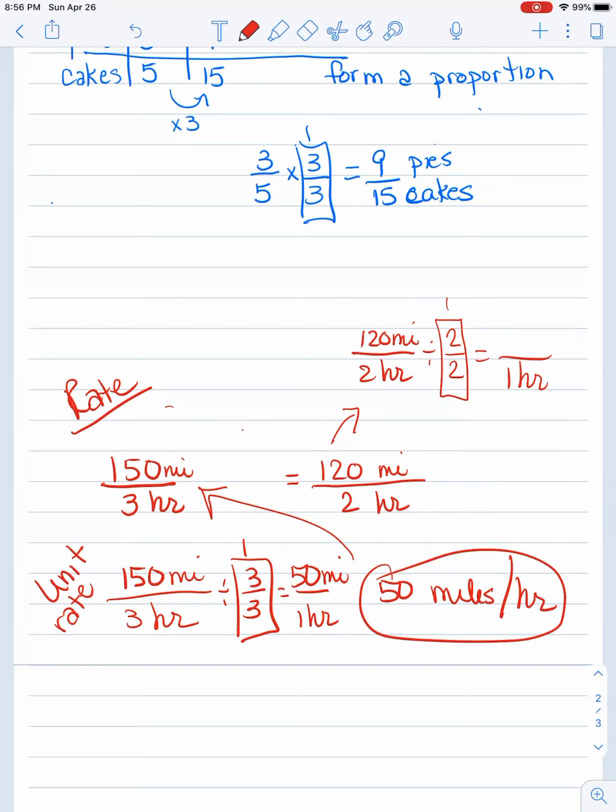In 1 hour, we get 60 miles, or we can also write it like this, 60 miles per hour. So 60 miles per hour, 50 miles per hour, these are not proportional.